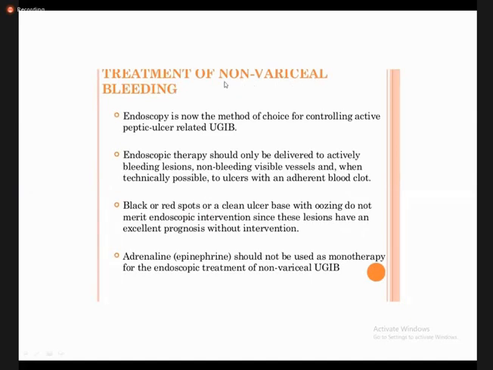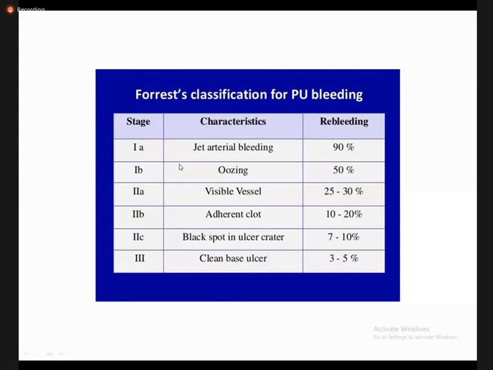Now coming to the non-variceal bleed, first of all again the endoscopy to diagnose the GI bleed, then we have to basically see what is the Forrest classification of the GI bleed. Based on this, we have these stages like ongoing jet bleeding, oozing of the blood, or only the visible vessel without active oozing, adherent clot, or any ulcer crater or clean based ulcer.